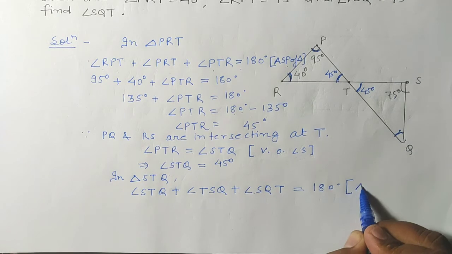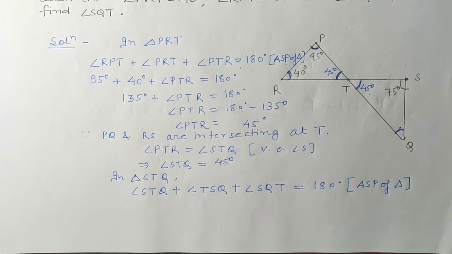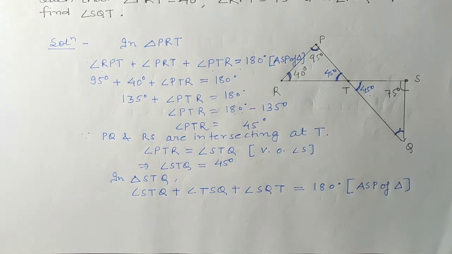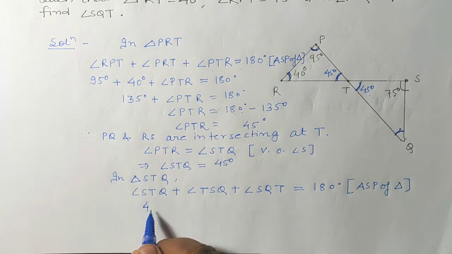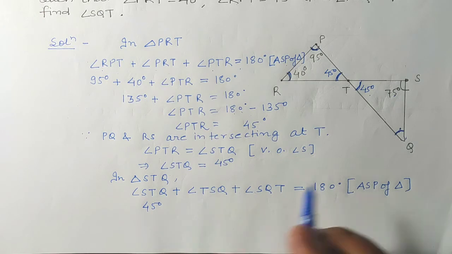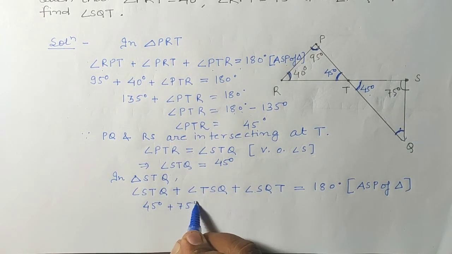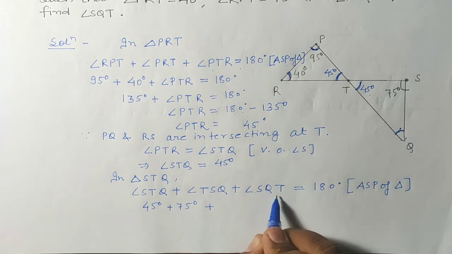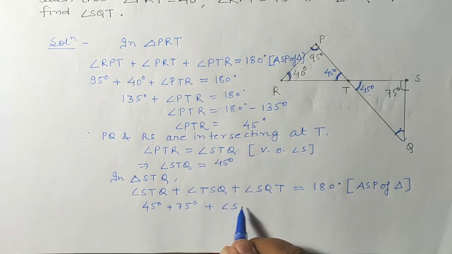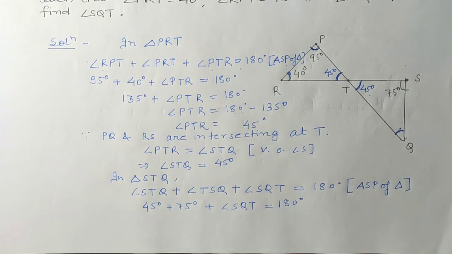The reason behind it is the angle sum property of triangle. We have the value of angle STQ, that is 45 degree, and angle TSQ, that is 75 degree, and we have to find angle SQT.